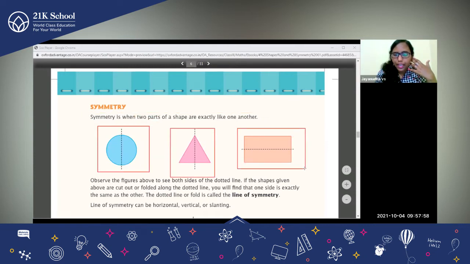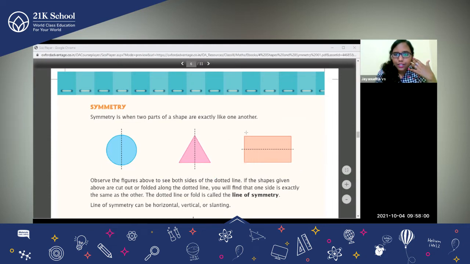And see this shape is a rectangle, isn't it? A rectangle can be divided in this way, which is called a horizontal line of symmetry. And the other way you can draw is a vertical line, isn't it? If I divide this rectangle vertically also, you can see the symmetrical parts.